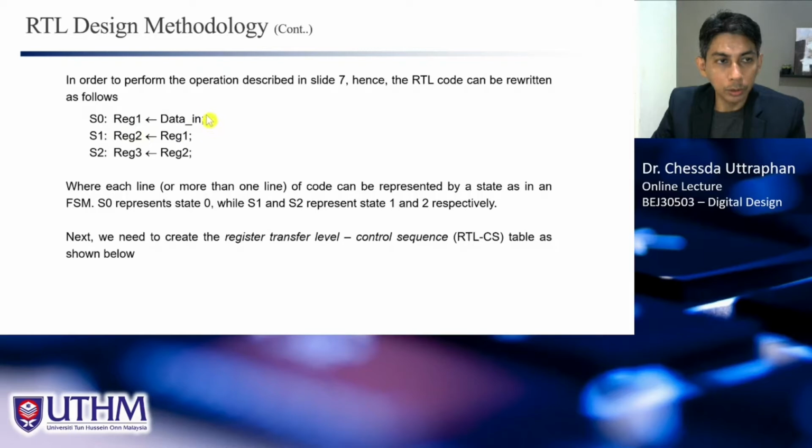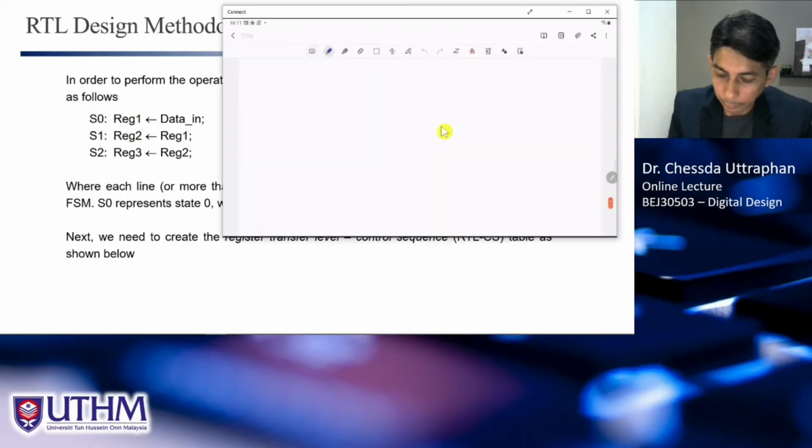So we can use a state diagram to represent the process. It will be something like this. We can have a state diagram where we have S0. What we will do is reg1 gets data in.